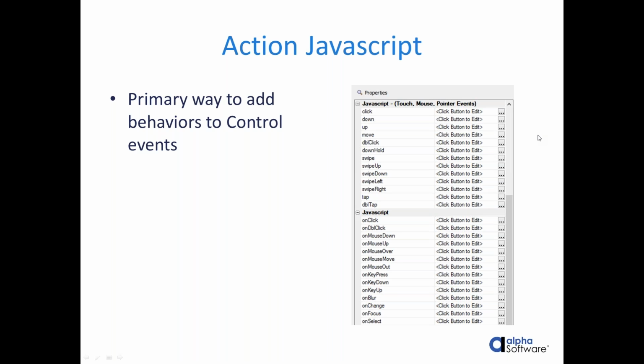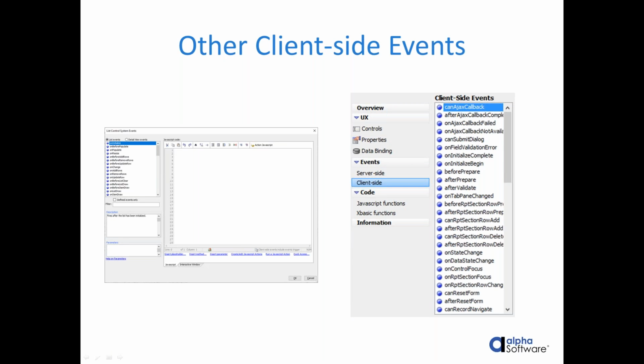So you can use the Action JavaScript builder to add what you need. However, other client-side events that you're going to run across, like in the UX component or in a list control or in a view box, are predominantly built with the JavaScript code editor. So you don't have that direct, immediate way of adding an action using the Action JavaScript builder.